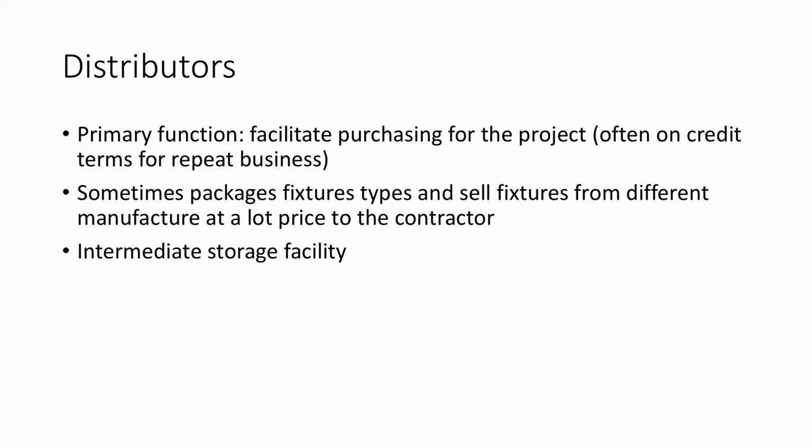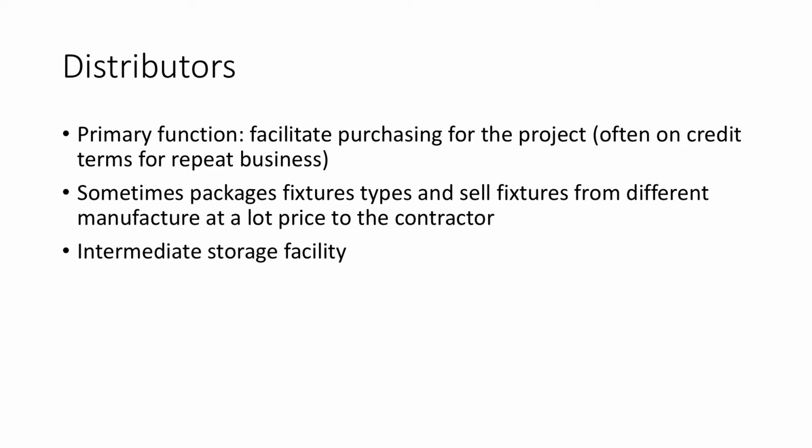All they know is here's a project, here is the price for the entire project, which oftentimes is good enough for them because the contractors just need to know their cost. But the distributors get involved in the negotiations with different manufacturers and making sure everything is within the budget. And in the process, they make money off it because they package everything and there's extra little room left in the budget. Therefore, they pocket that difference.